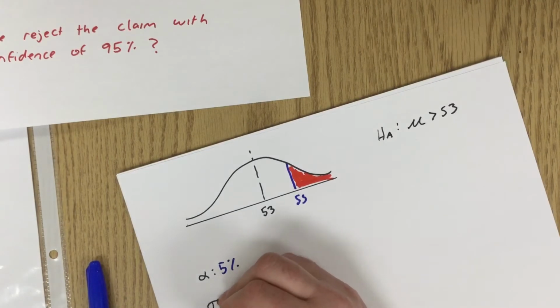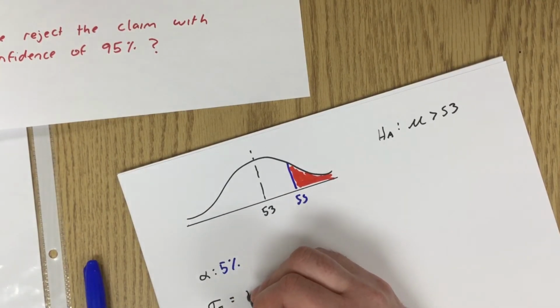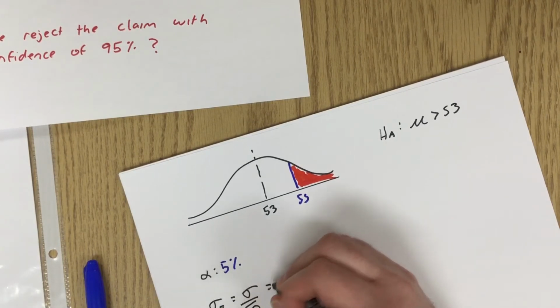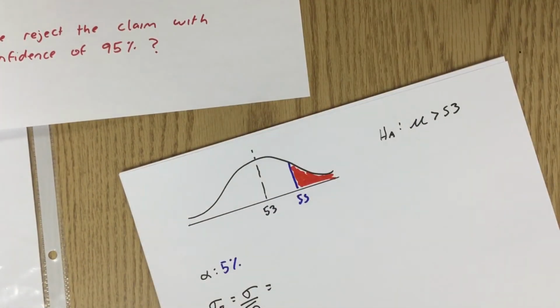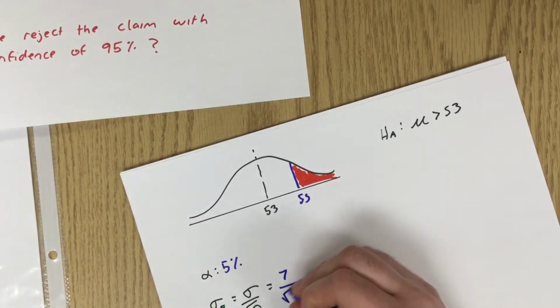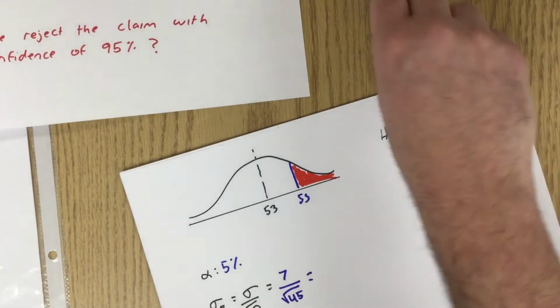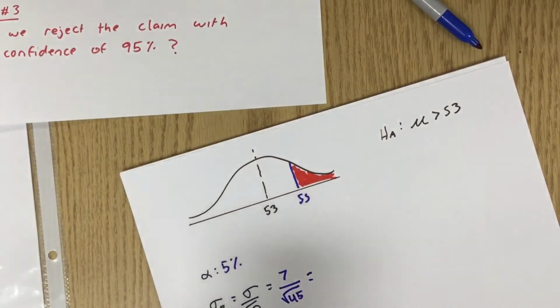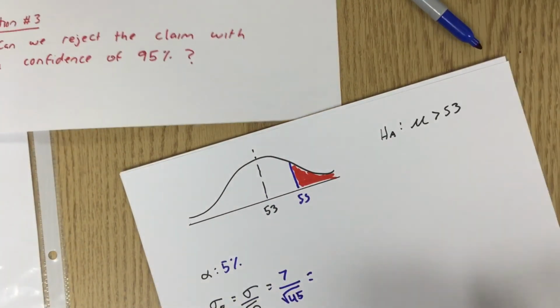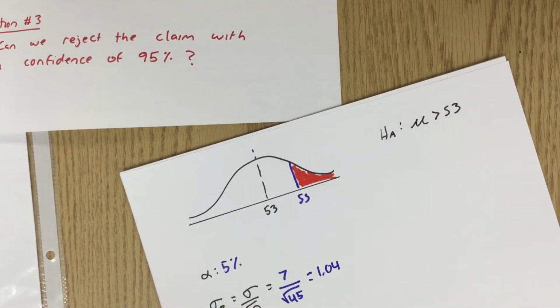The standard deviation over the square root of n is going to be 7 divided by the square root of 45, since we weigh 45 chocolate bars, which is going to be, calculator time, 1.04.